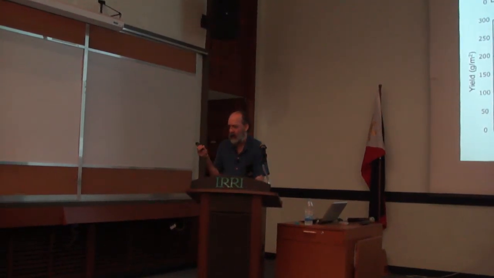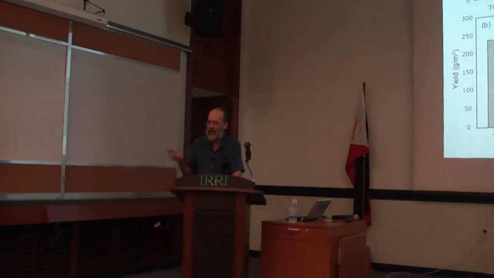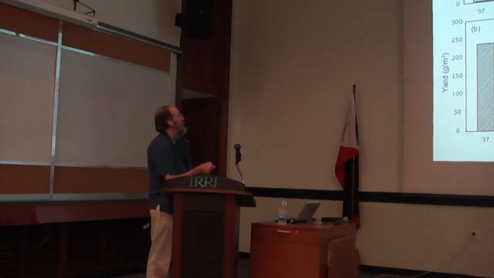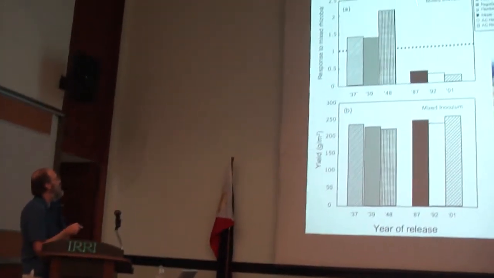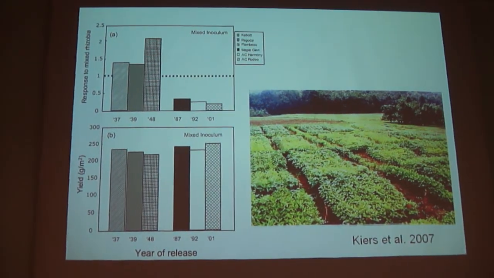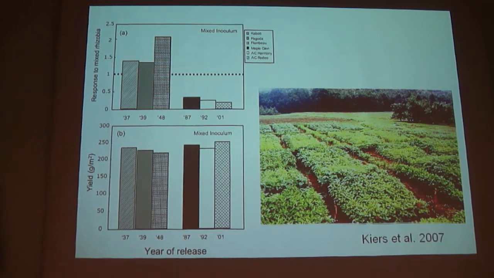Whereas cultivars that had weaker sanctions wouldn't do that. They would continue to support these bad nodules and have lower yield. And so what she found is that these three older cultivars all did fine with a mixture of good and bad rhizobia, but the new cultivars didn't.